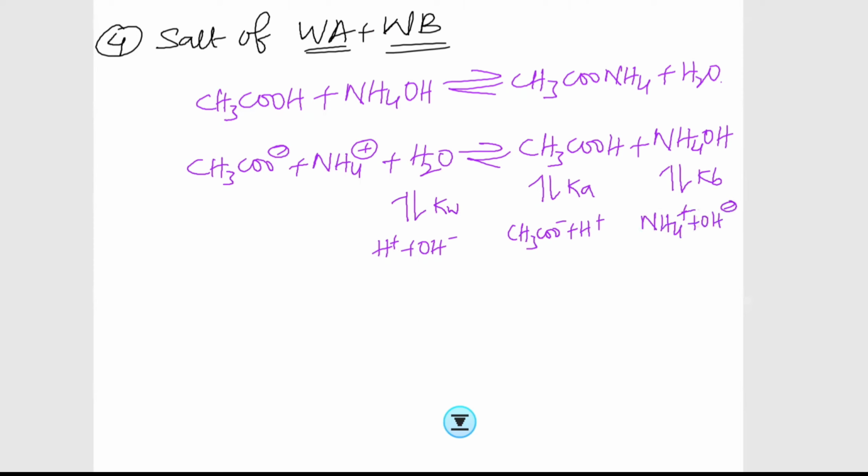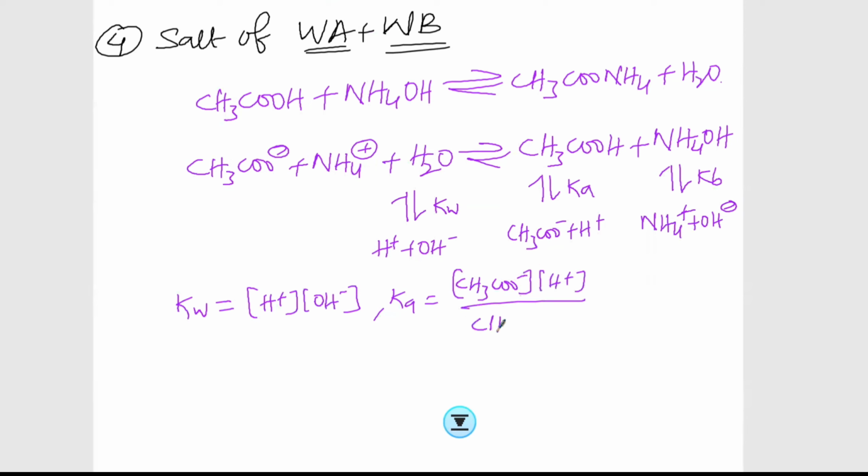Directly I'm writing the main equations: KW is equal to concentration of H plus into OH minus, and Ka is equal to CH3COO minus into H plus by CH3COOH. You can write it later or now itself, it is of your choice.